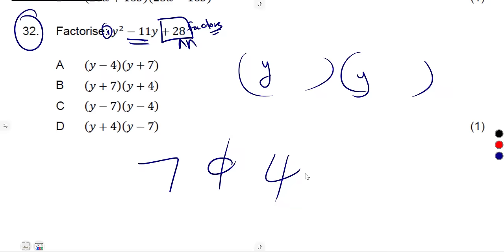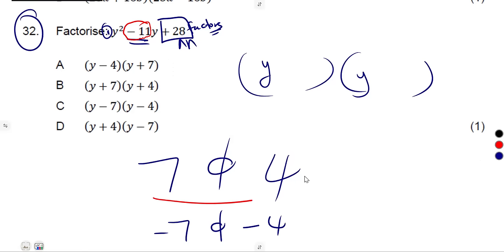But the question is on the sign. To get a positive 28, they must be both negative or both positive. Which one, when we add, gives negative 11?